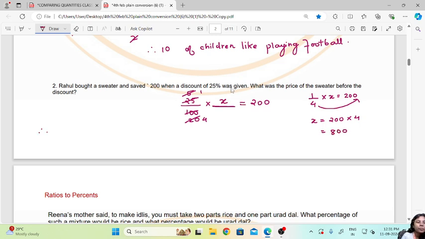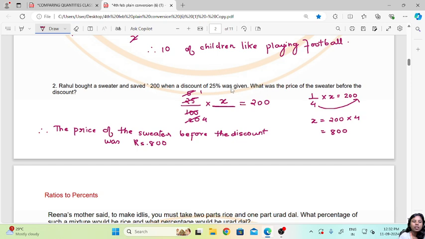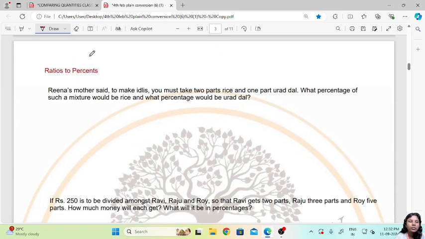Therefore what we can say, the price of the sweater before the discount was rupees 800.